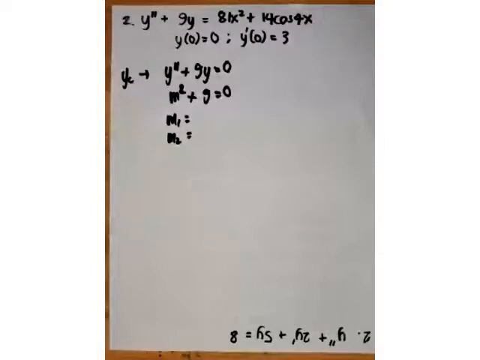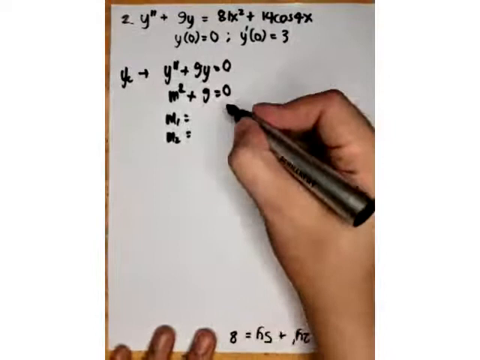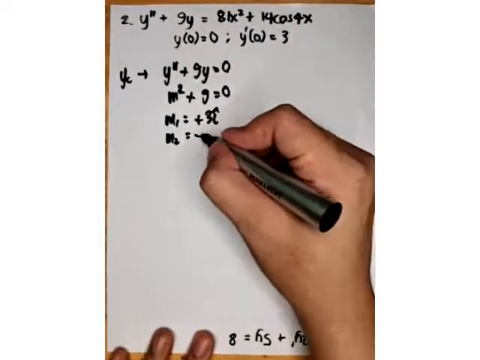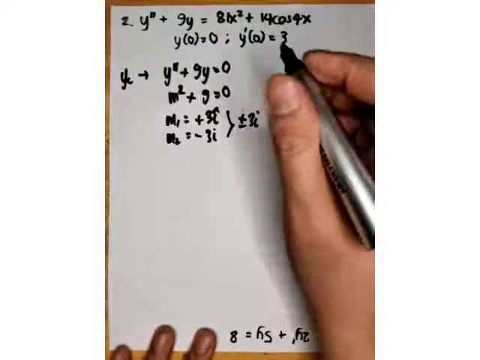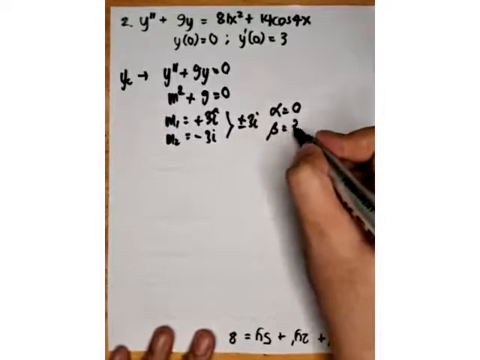Okay, so yung roots natin ay plus 3i and negative 3i. Or ito ay plus minus 3i. So what's our alpha? So alpha is 0 and then beta is 3.